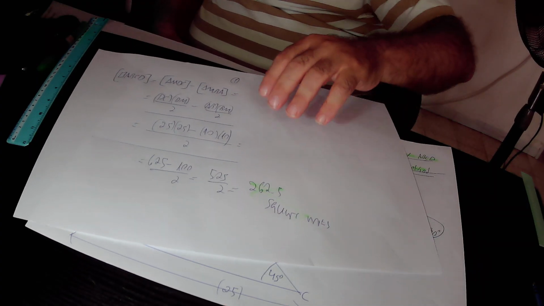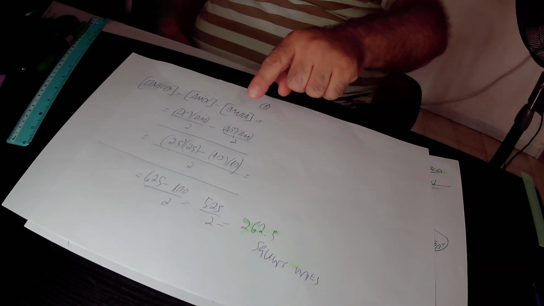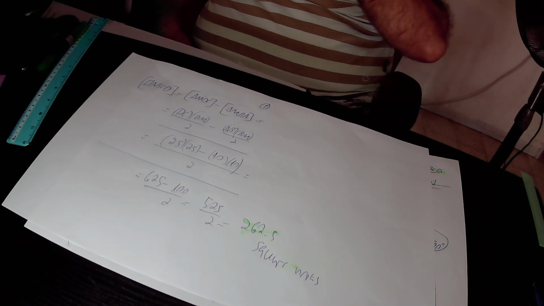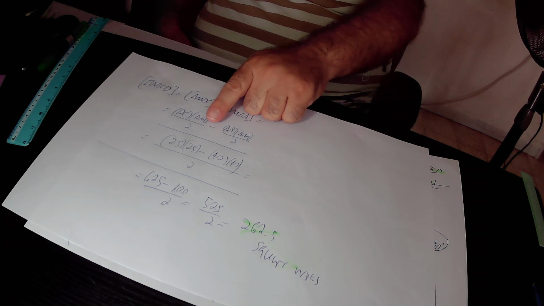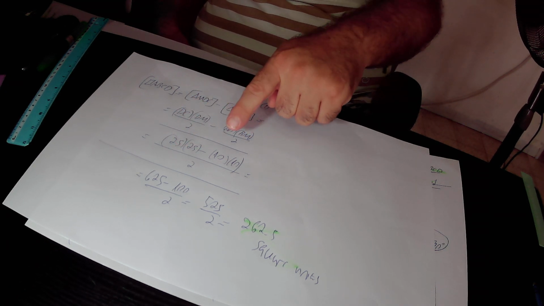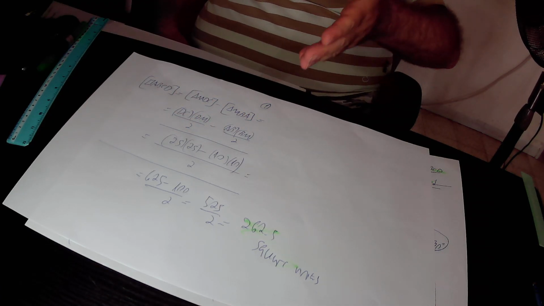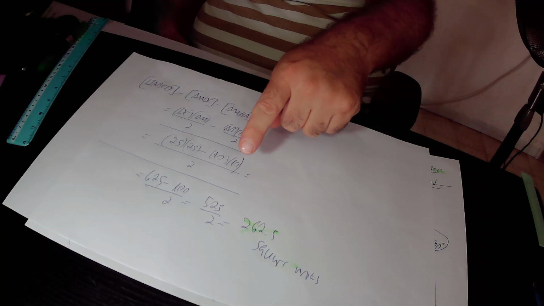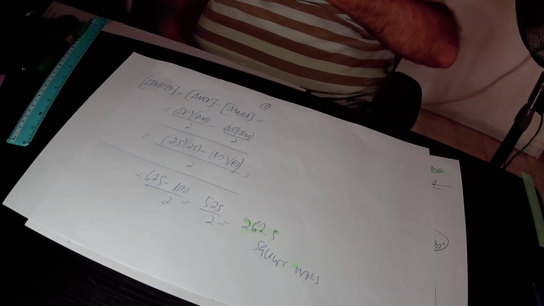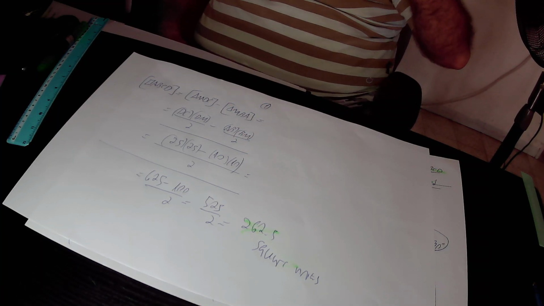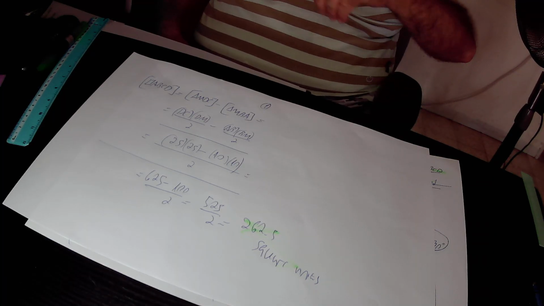So the area of the small right triangle MBA is equal to 10 times 10 over 2. 25 times 25 is 625 minus 10 times 10 is 100 over 2. 625 minus 100 is 525 over 2. 525 over 2 is 262.5 square units in size.